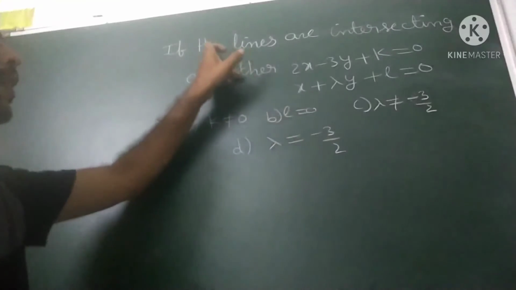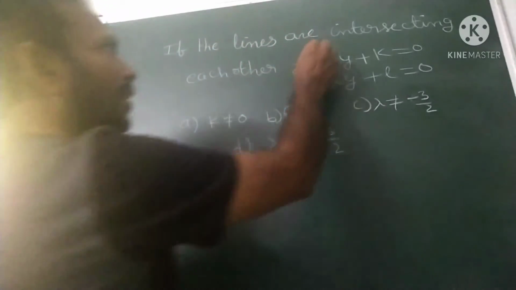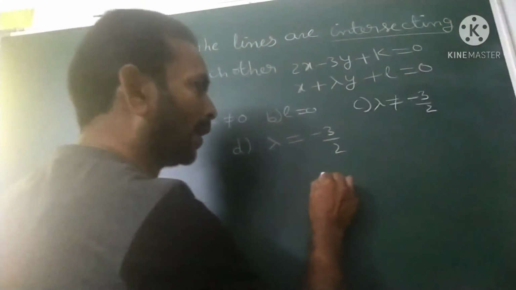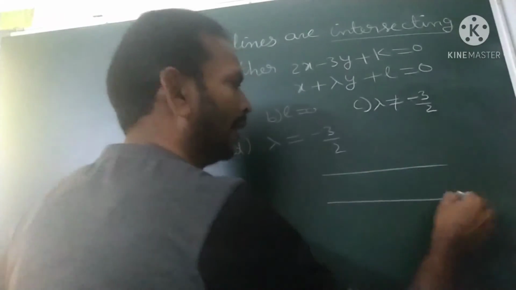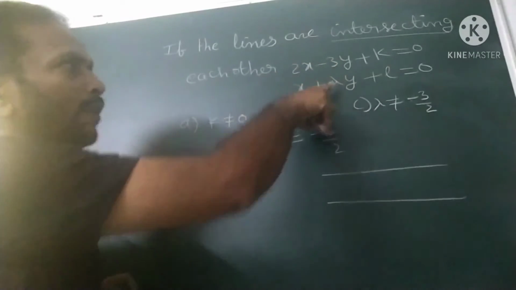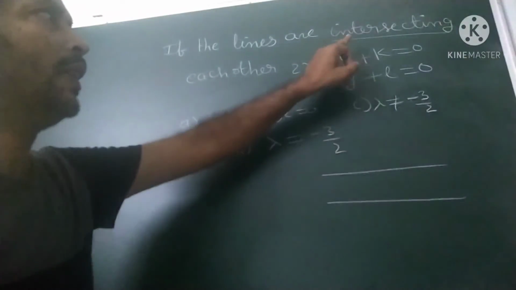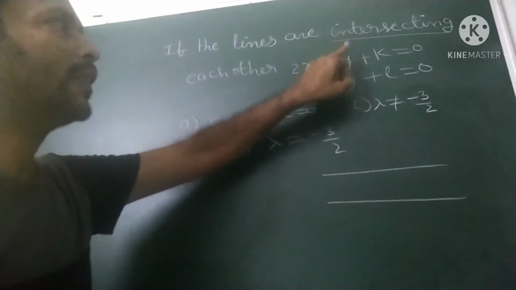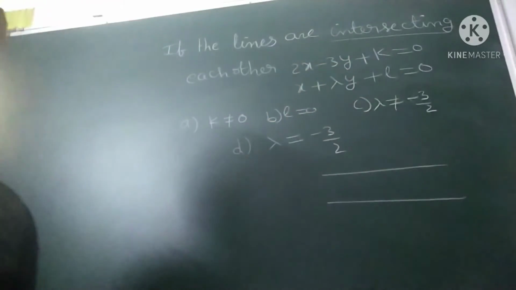How is it correct? Lines are intersecting. Parallel lines never intersect, so these two lines are not parallel. So what to understand? Intersecting means they are not parallel.